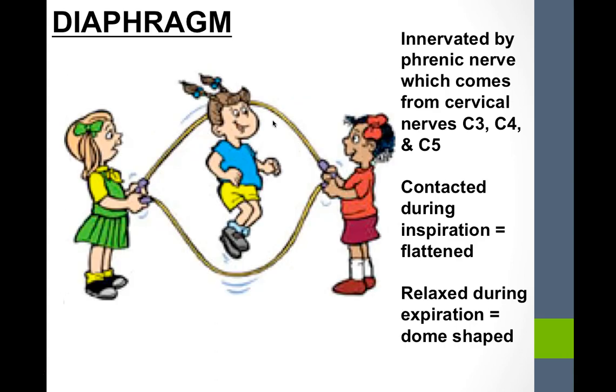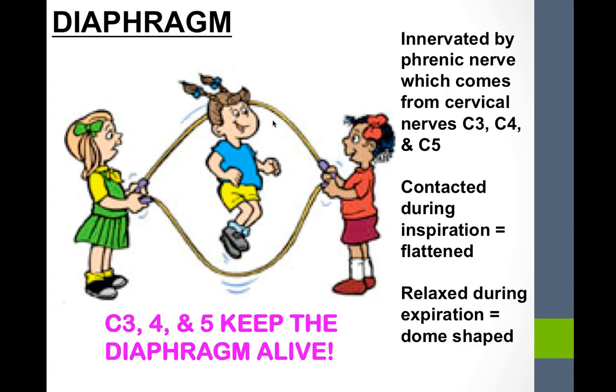So the way that we can remember all this information regarding innervation to the diaphragm is a little jingle I used to skip rope to when I was a little girl, and that is C3, 4, and 5 keep the diaphragm alive. And of course, you just have to remember that C3, 4, and 5 turns into your phrenic nerve.